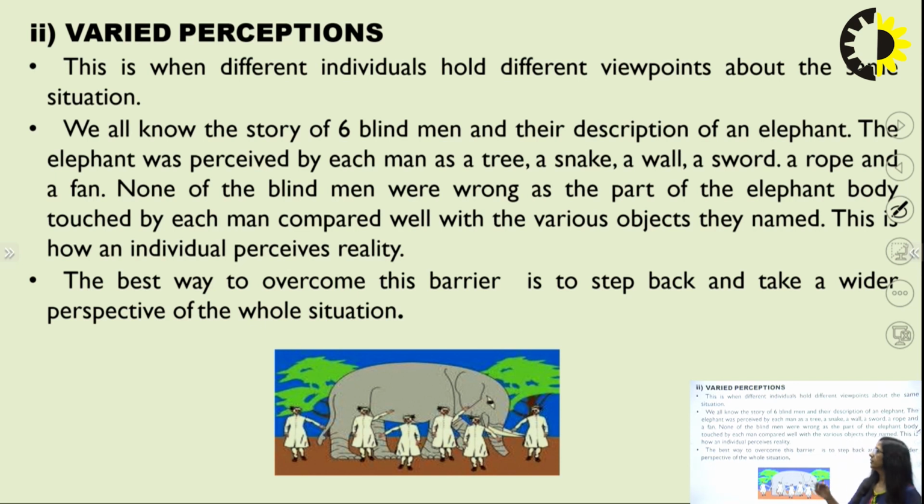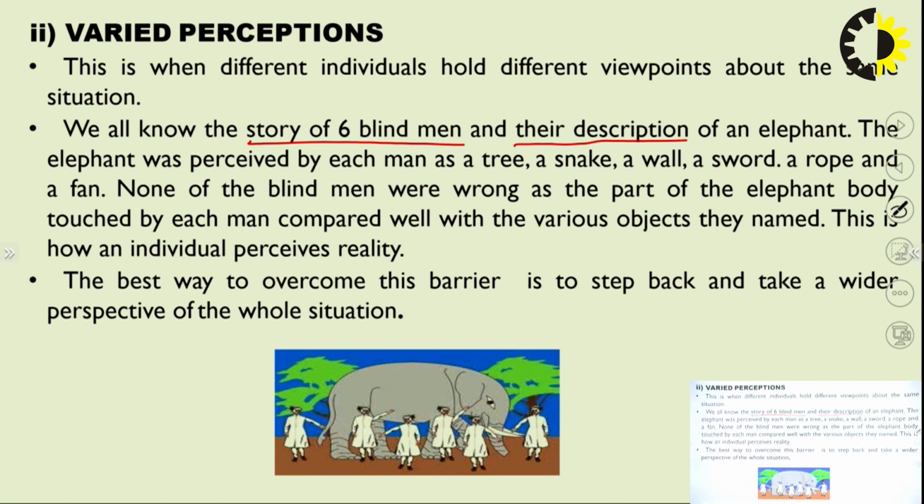We all know the story of six blind men and their description of an elephant. The elephant was perceived by each man as a tree, a snake, a wall, a rope, etc. Like this, you can see here. None of the blind men were wrong, as the part of the elephant body touched by each man compared well with the various objects they named.